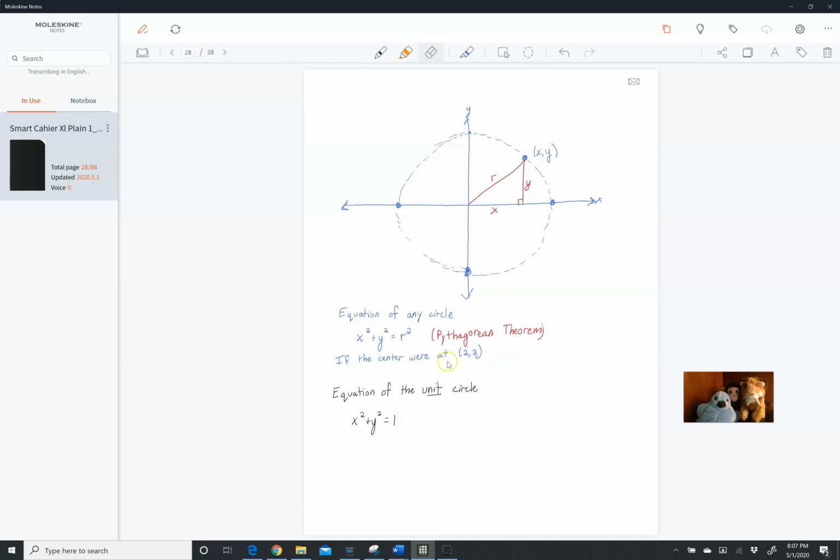But if the center of your circle were at 2 comma 3, then the equation, well, when we go to the right by 2, we subtract.